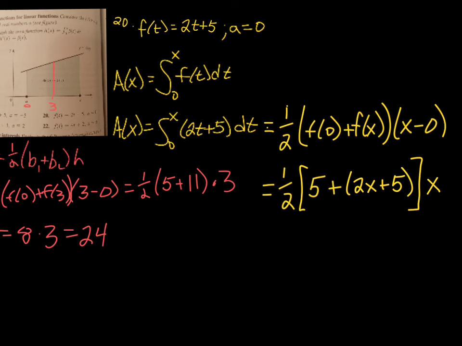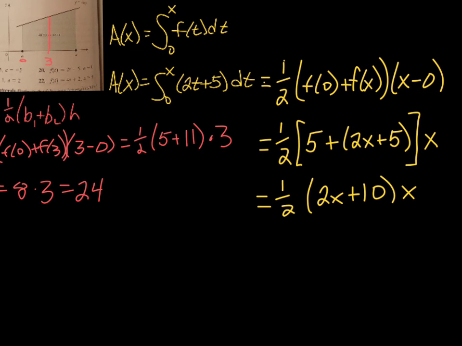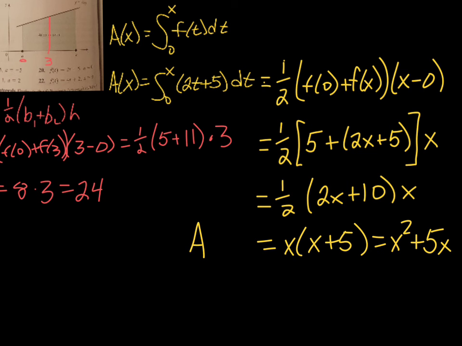And so now all we have to do is simplify it down. So we have 1/2 times 2x plus 10 times x. So then it's x times x plus 5 for x squared plus 5x. And so we just created the area function here.